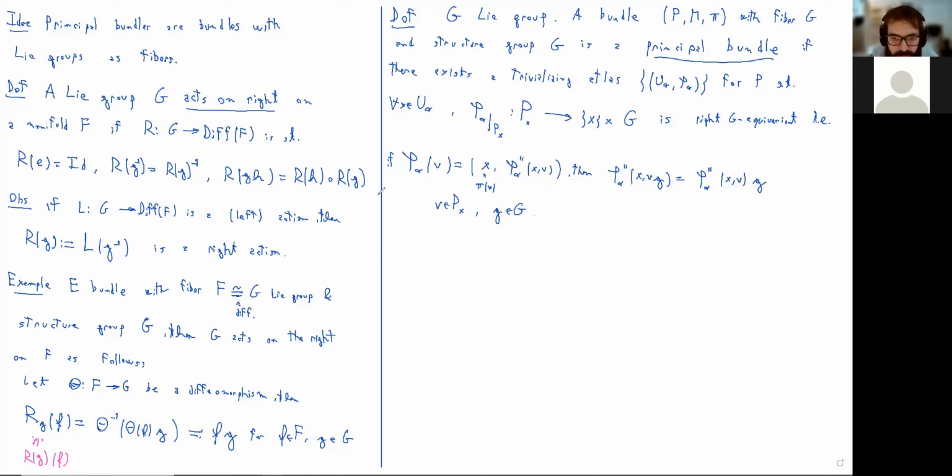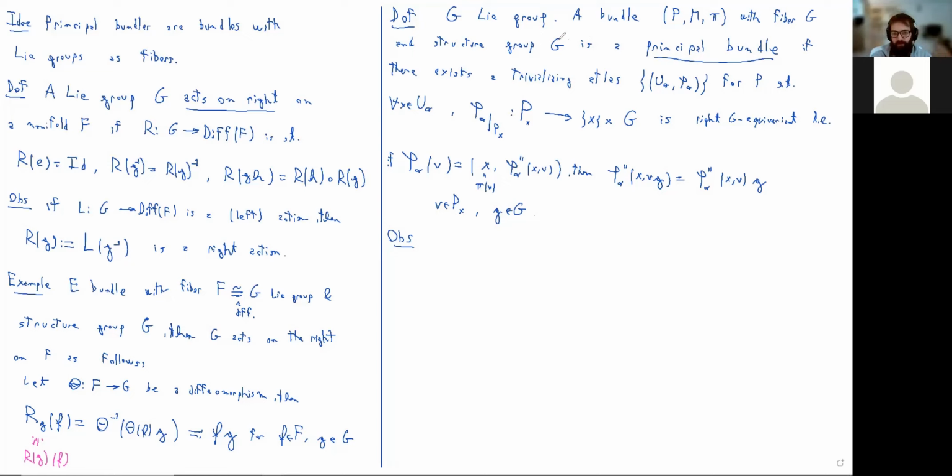And so whenever we have a bundle, we automatically have an action of its structure group. This is really how the bundle is defined, because you need to be able to glue these trivializing atlases, and you do that using the transition maps.